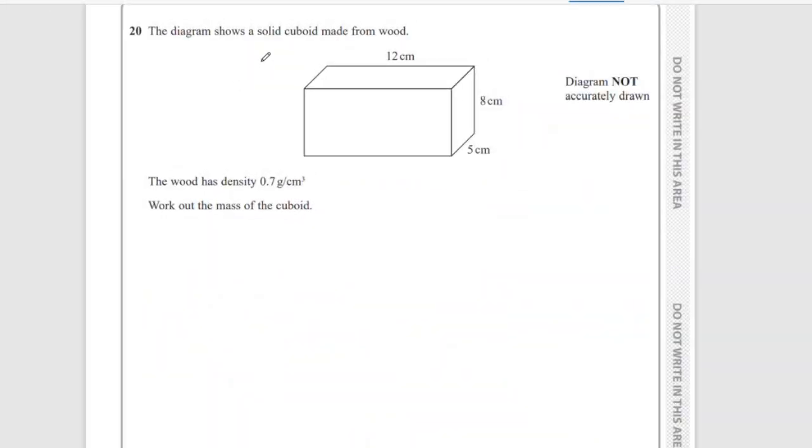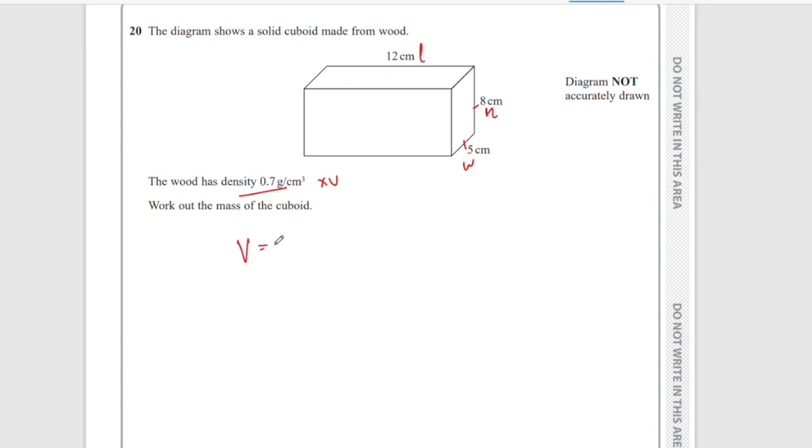The diagram shows a solid cuboid made from wood. We have to find the mass. To find the mass, we have to multiply its density by its volume. To find the volume, we have to multiply length, width, and height together.